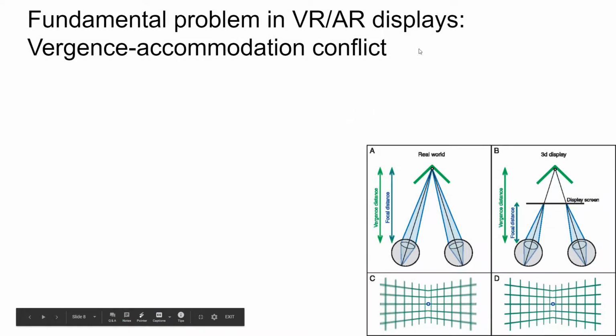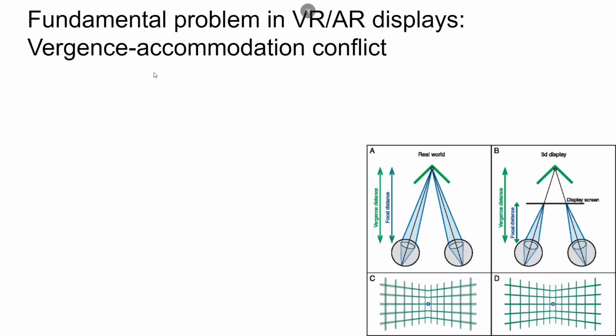And in AR and VR, we need to deal with this problem called divergence accommodation conflict, where we are trying to get the user to focus on some 3D virtual object, even though it's not really 3D. We just trick them into thinking it's 3D by displaying it a certain way on the screen.